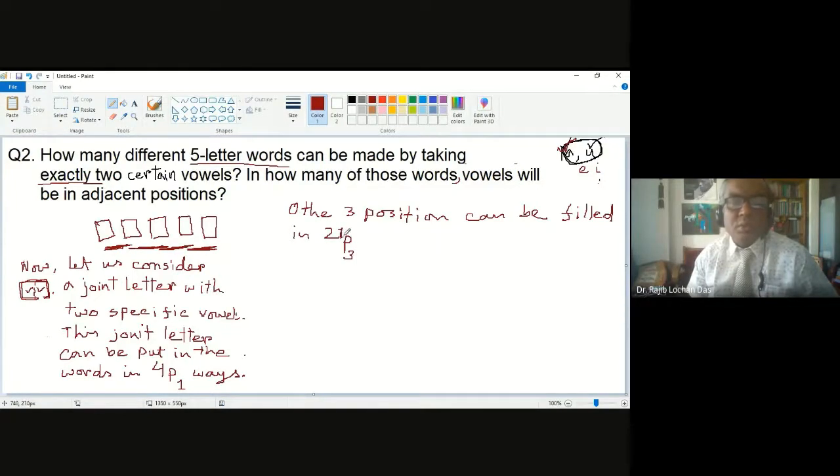So there is no problem. 21P3 means again 21 into 20 into 19. So that is 7980 ways. So it is very simple.